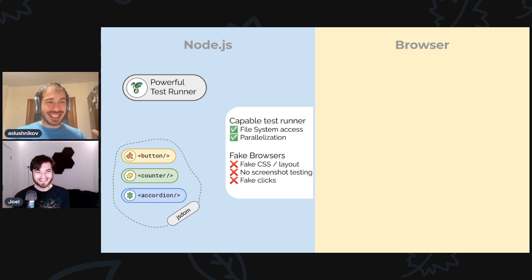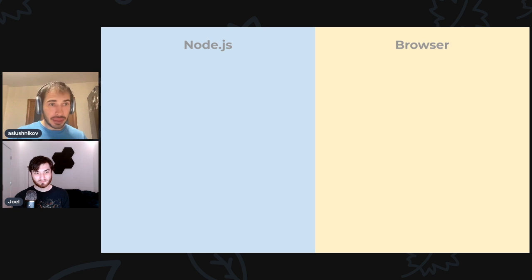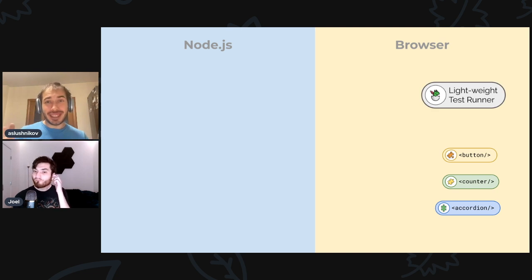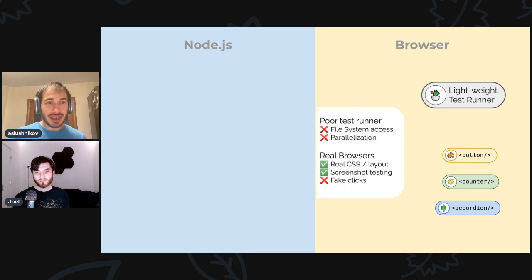You can't click. So the alternative to this would be to put everything inside the browser. Your components are very natural there, but your test runner is not as powerful. It's lightweight. So even though you get real CSS and real layout, and you can take a screenshot, you don't have the full powers of your Node.js test runner.